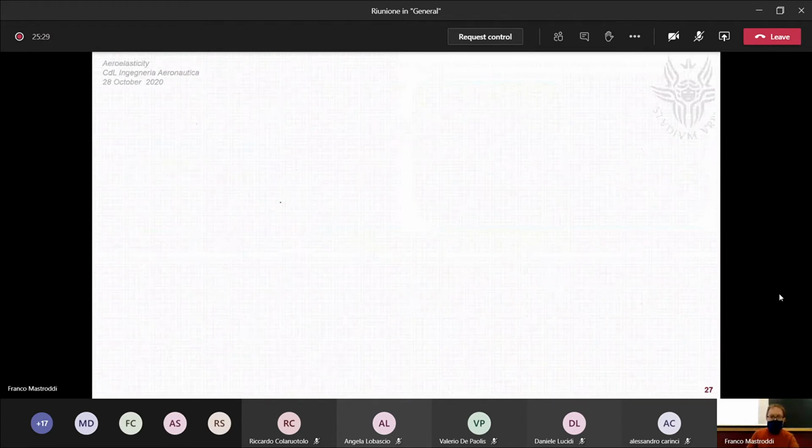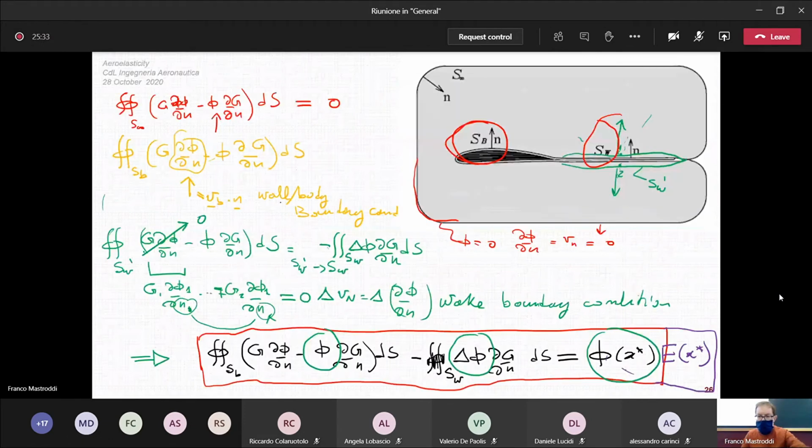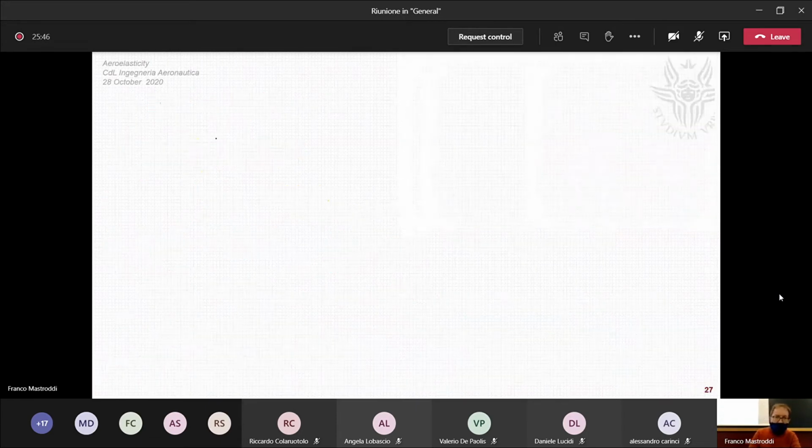However, let me go ahead now. We have at the moment this important formula here, and now I want to interpret this formula from a computational and practical point of view. Interpretation. I have a couple of interpretations.